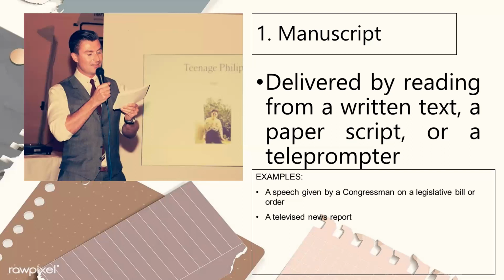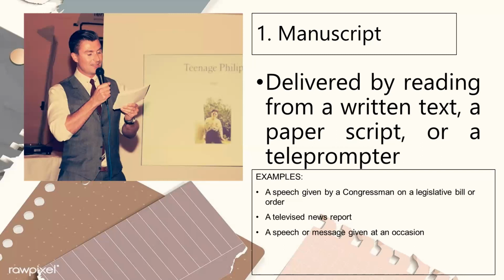There are some instances that happen, but then again, one example is a televised news report. It means there are screens where a reporter may read what is being written on the screen.